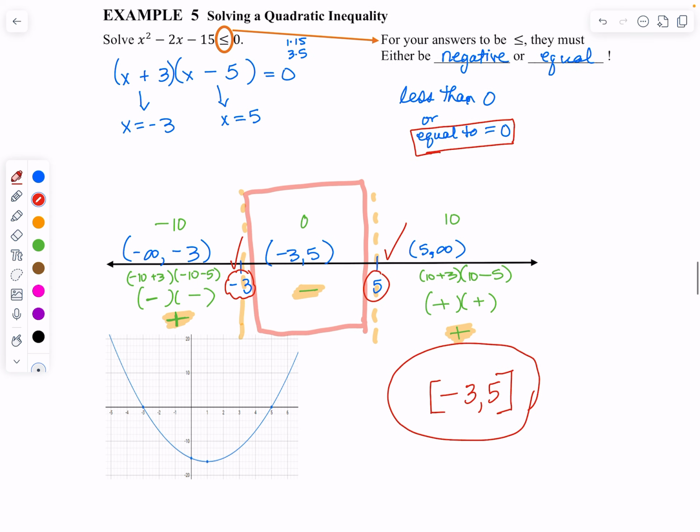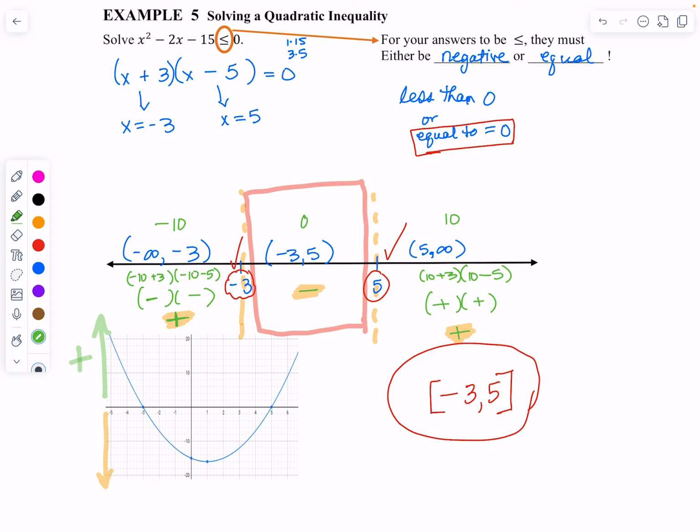If I had graphed this original equation, x squared minus 2x minus 15, I would have gotten this graph down here on the left. Now notice that it said it needed to be less than or equal to 0. So do you notice that down here, that's going to be my less than 0, and above it, this is my greater than 0.